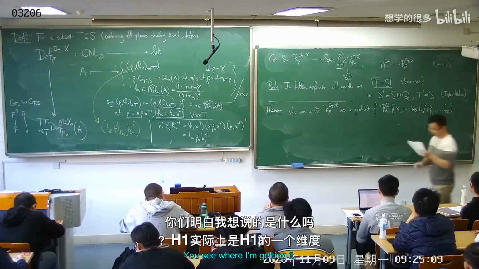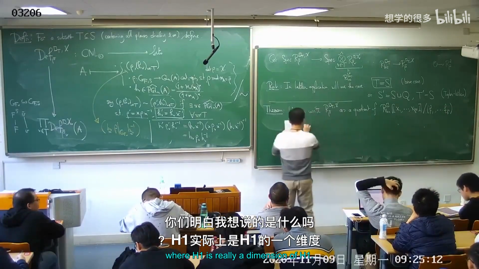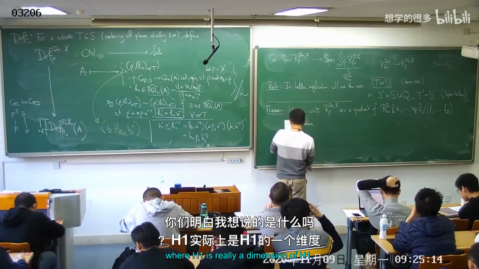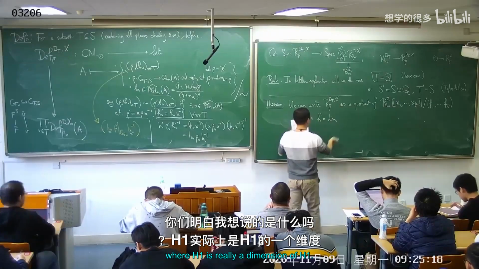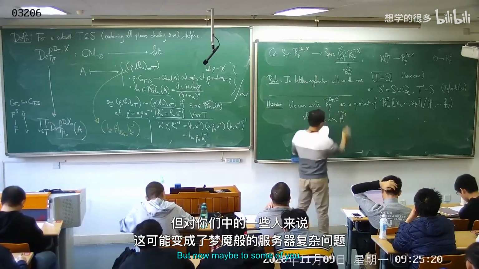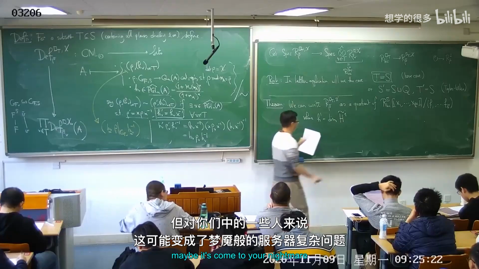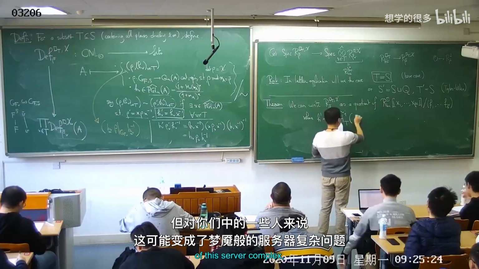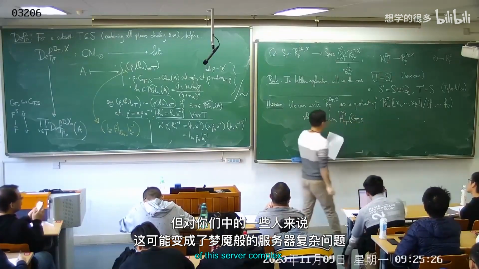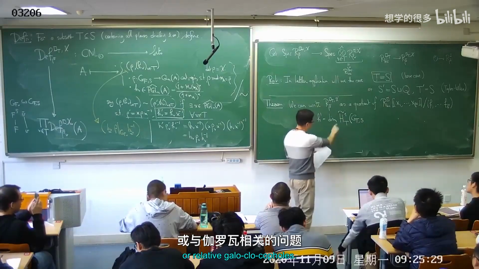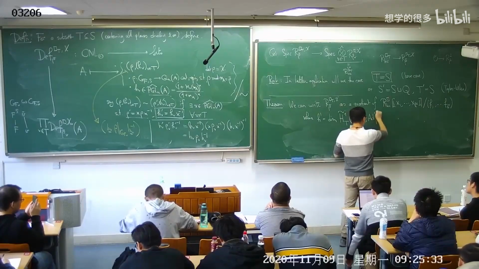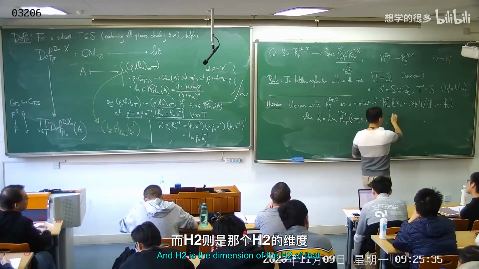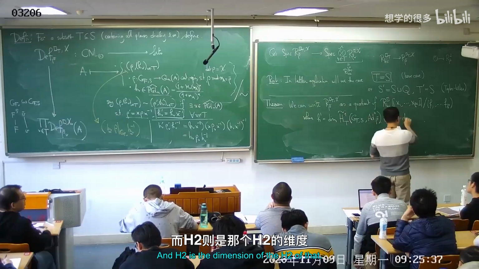You see where I'm getting at? Where H1 is really the dimension of H1, maybe to some of you a nightmare of this Selmer complex, or rather a relative Galois cohomology. And H2 is the dimension of the H2 of that.